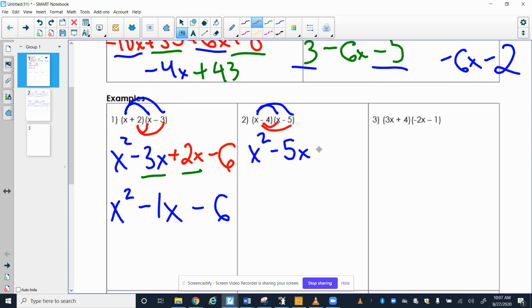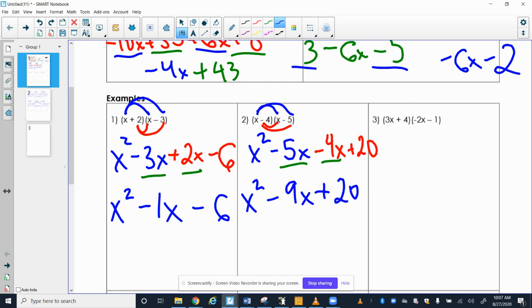So negative 4 times x, minus 4x, negative 4 times negative 5, plus 20. Okay, now it's a combining like terms problem. So x squared, nothing goes with that. We have a negative 5x and a negative 4x. So now we'd have x squared minus 9x plus 20.